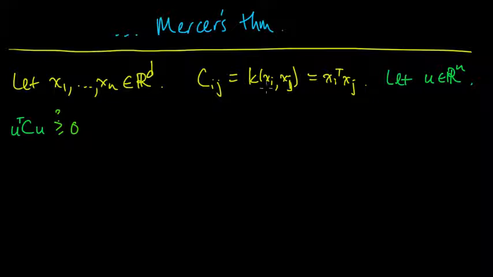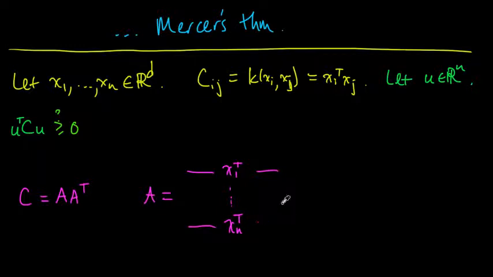We can make a very simple proof of this by using the structure of C. I claim that C can be written as A A transpose, where A is the n by d matrix with x1 transpose down to xn transpose as its rows. If you multiply A times A transpose, then the ij-th entry is xi transpose times xj, and that's exactly C_ij.